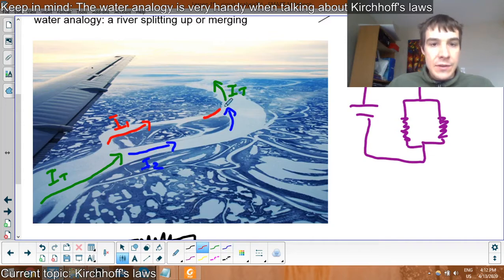So Kirchoff's current law works based off of junctions. Here's current coming into a junction. There's IT. It's going to be perfectly split into I1 and I2.